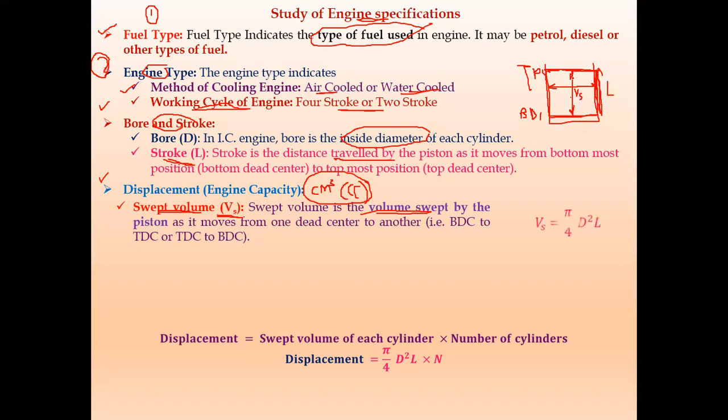It is generally denoted by pi by 4 d square into L. So it is area into length, which is nothing but the volume. A is the area, into length.